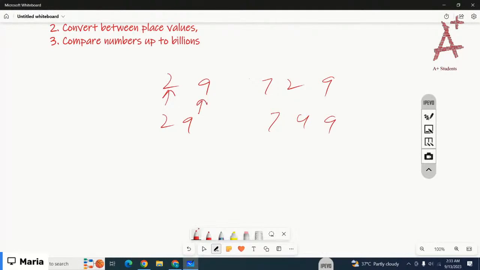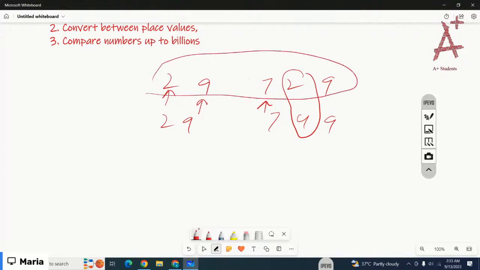Then the digit at the thousands place is exactly equal. The digit at the hundreds place is also equal. But at the tens position, 2 is less than 4, right? That means 29,729 is less than 29,749, right?